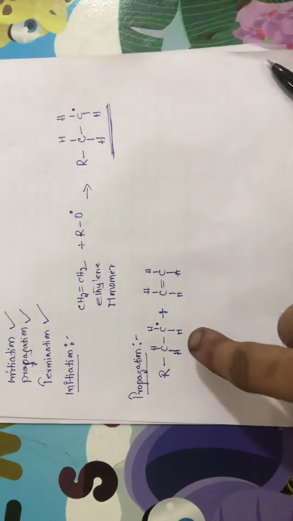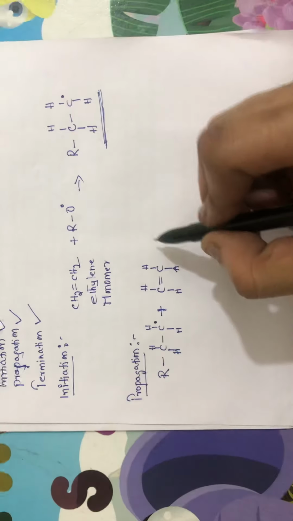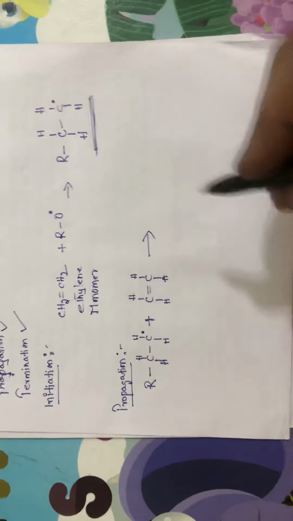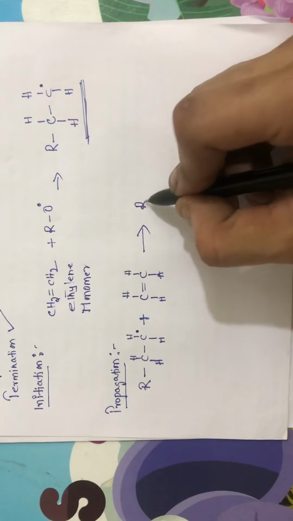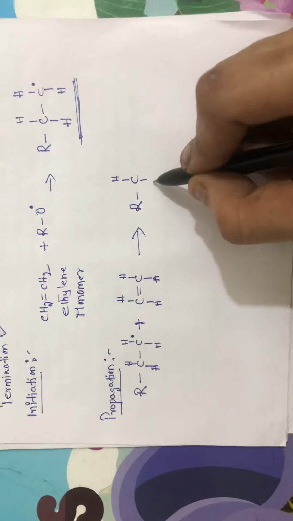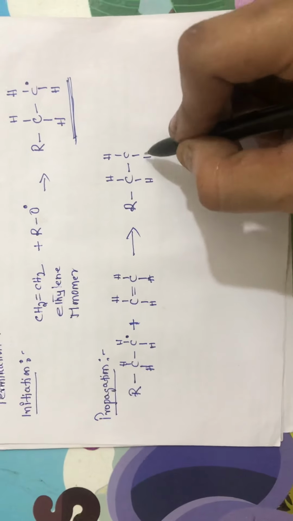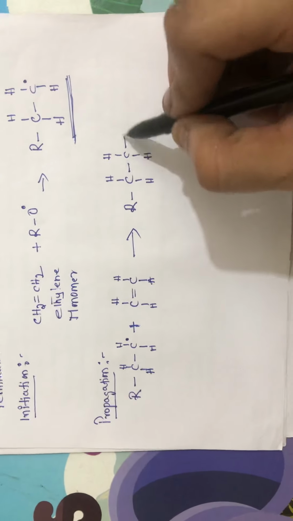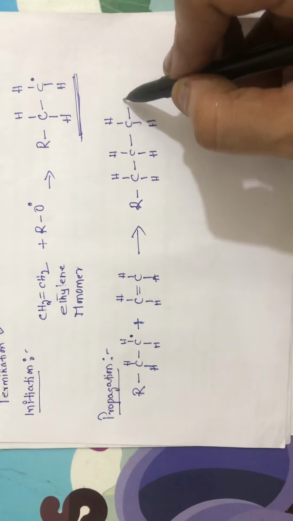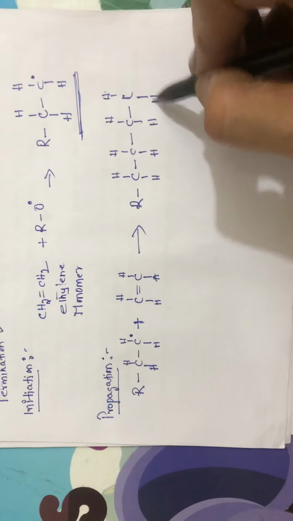Now with that active monomeric unit, another monomeric unit will come in contact. Then we will get a product like this: R, CH2, single bond, CH2, single bond, CH2.